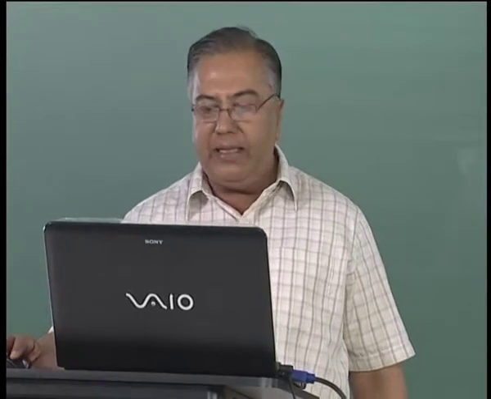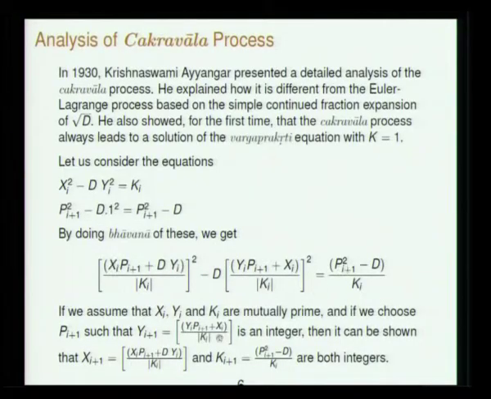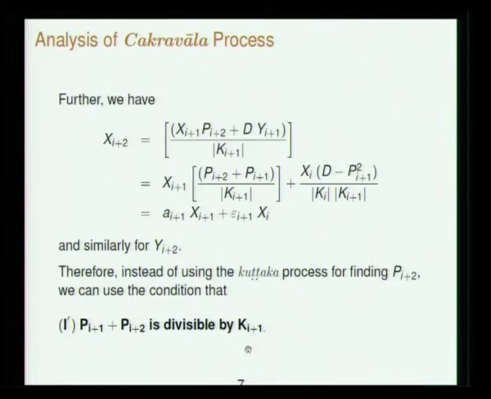This is chosen to be an integer by the algorithm. Then, assuming that xi, yi, ki are prime, you can show by this algebraic relation that xi plus 1 and ki plus 1 are also both integers. So that is the first thing.